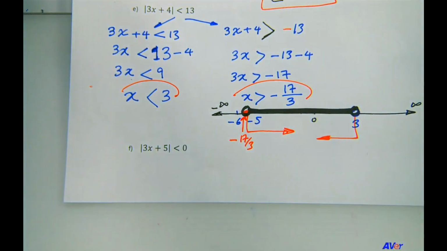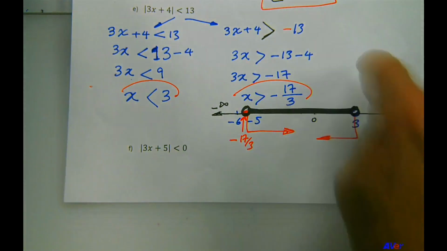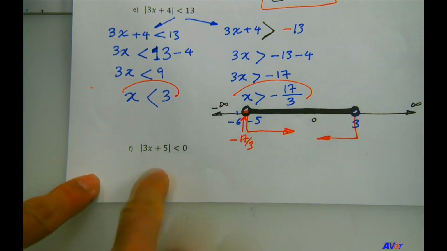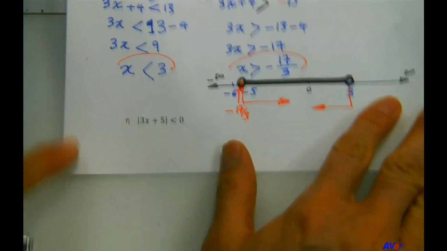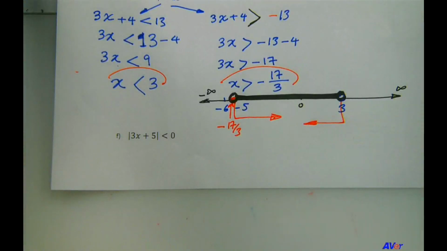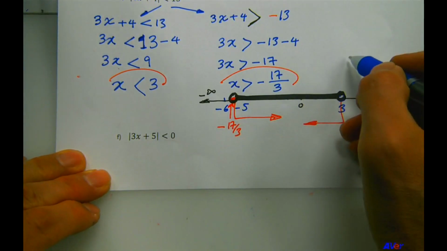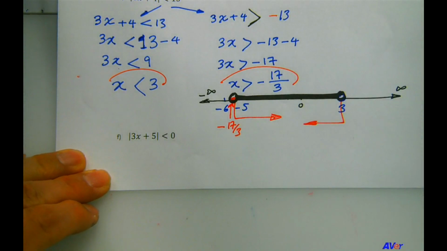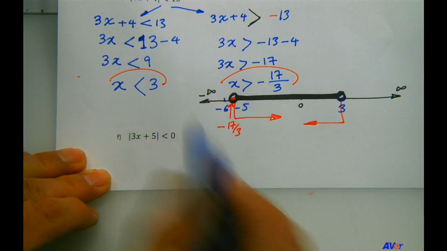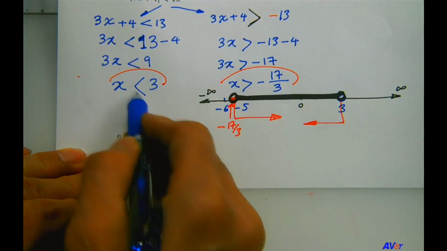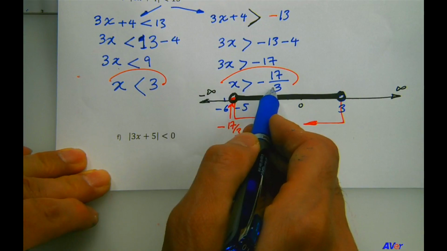Now let's write down the solution using interval notation, and I'm going to do it here at the bottom because I'm running out of space. The interval notation for this would be brackets or parentheses. Which one? If you said parentheses, you're 100% correct. It should be parentheses because we cannot be equal to 3 or negative 17 over 3, right?